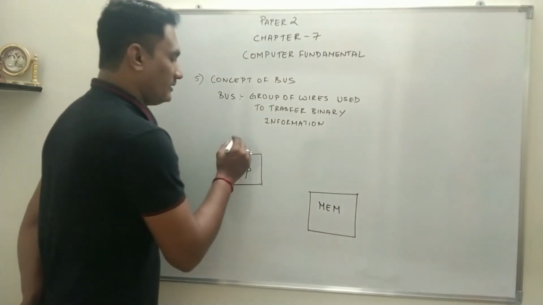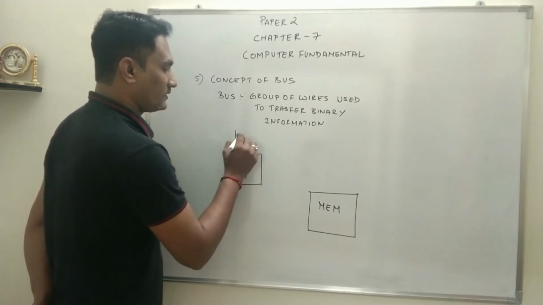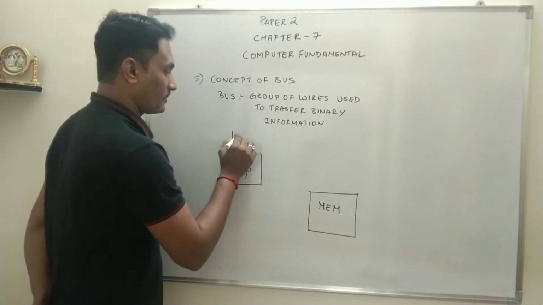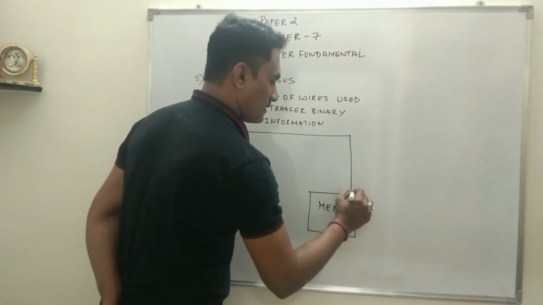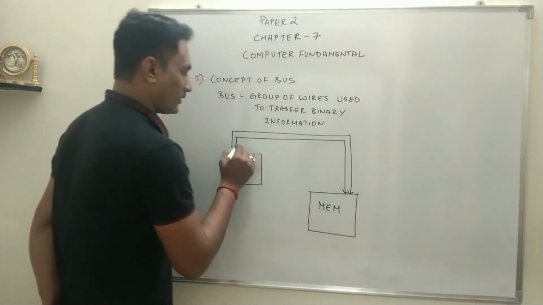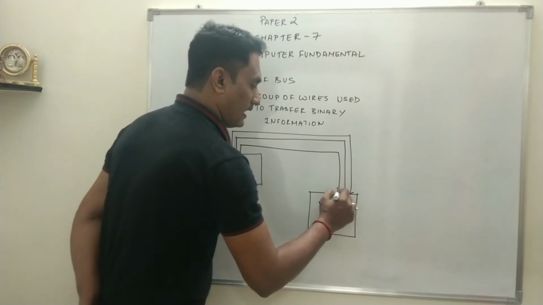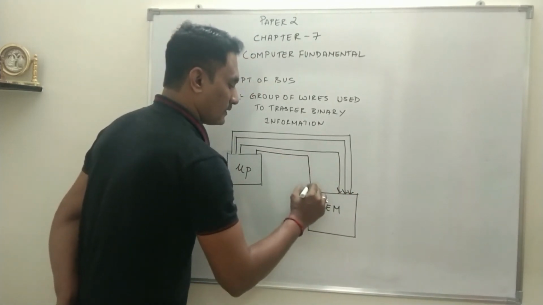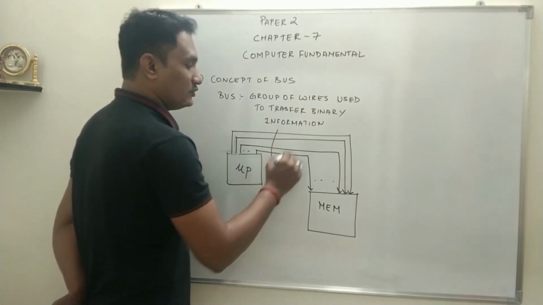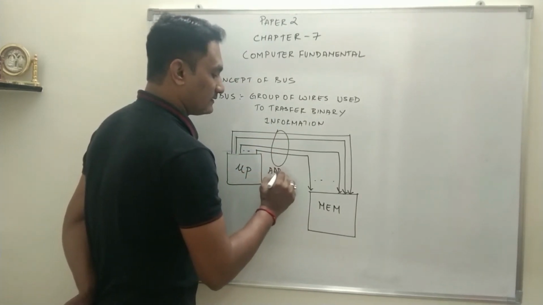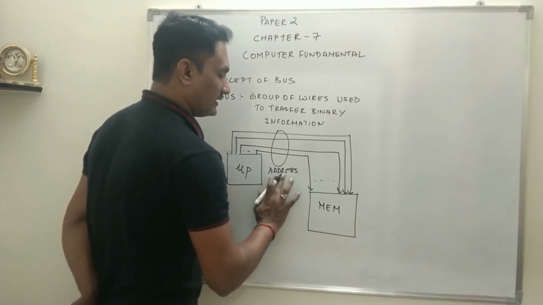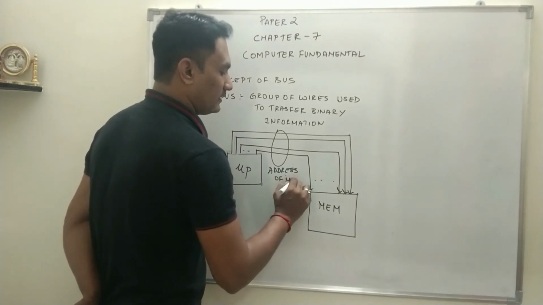For that there will be a group of wires connected between the microprocessor and memory, and this group of wires is used to transfer the address of the memory location.